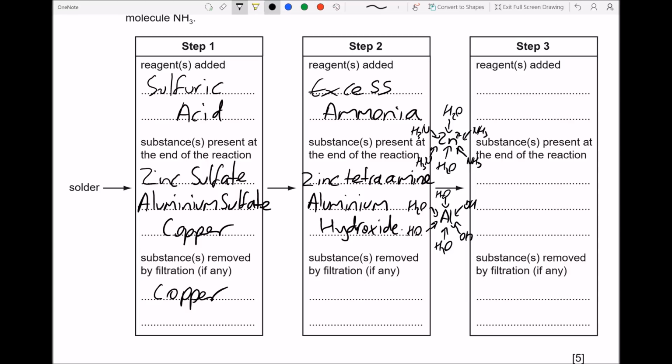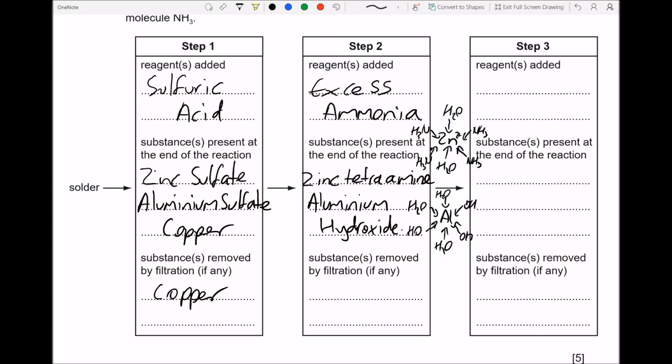The reason why we have 3 OHs is because if we add just enough hydroxide, the OH has got a negative charge. We have 3 negative charges, 3 OHs surrounding it. Aluminium has a 3+ charge, and water has no charge. So if we add them up, we get a whole complex that has no overall charge. And that means it doesn't dissolve in water.